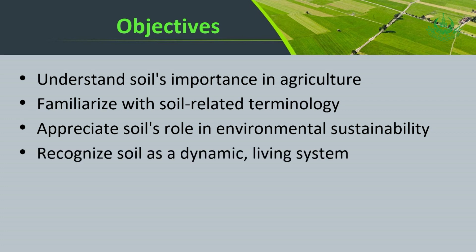You will understand the soil's importance in agriculture. If there is no soil, there is no agriculture, because the major role of soil is to anchor the plants and to provide essential nutrients.